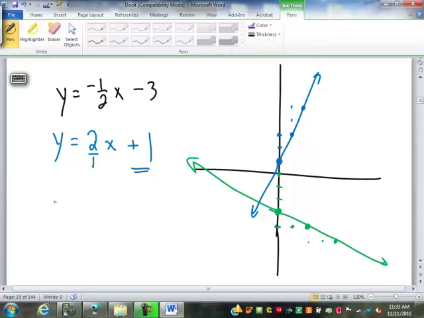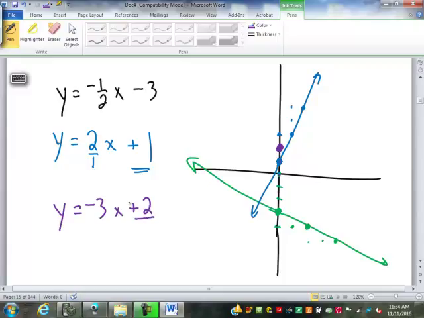So how about y equals negative 3x plus 2? Where do I start? Positive 2. From the origin, I go up 2, because of the plus 2 here.